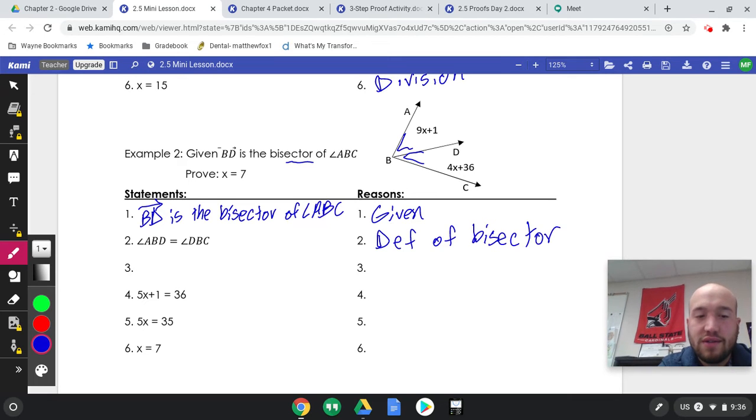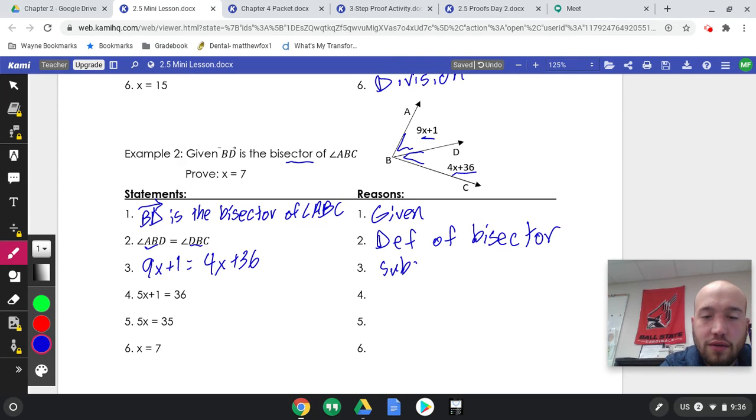Now, if ABD is equal to DBC, we can replace ABD with this 9x plus 1, which will equal, we replace DBC with the 4x plus 36. So that is, once again, substitution.